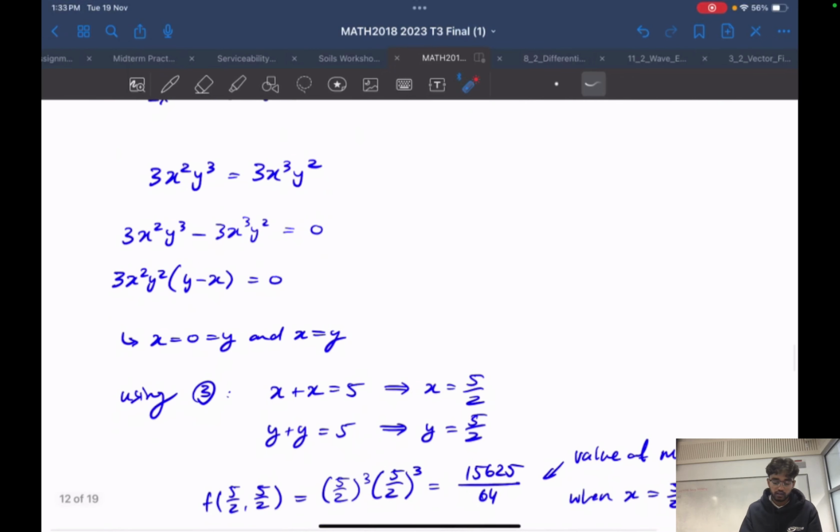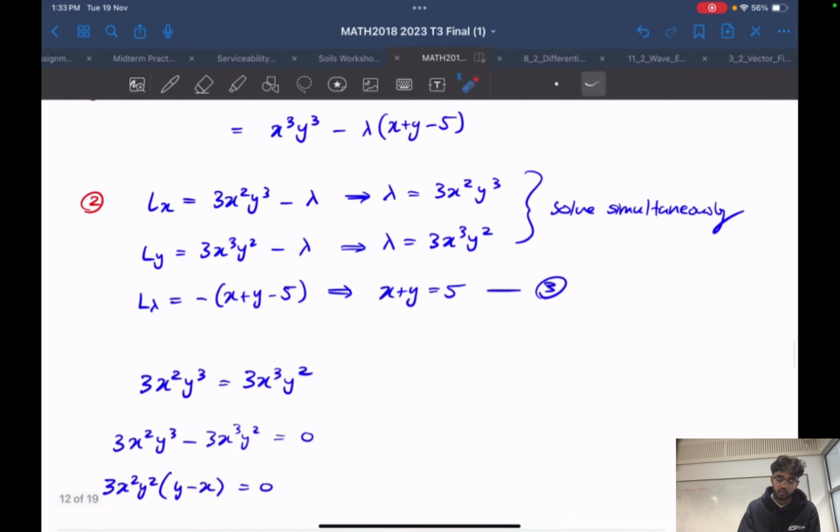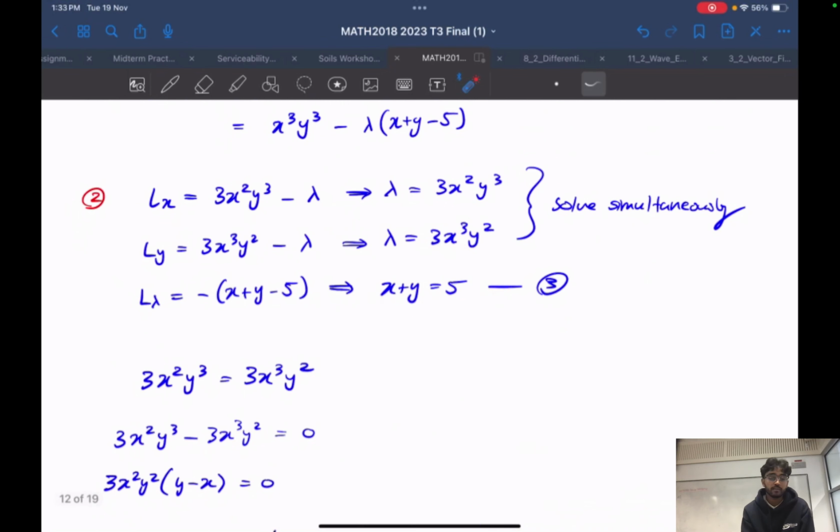So you've already found something for x equals y, right? What some questions do is that you find x in terms of lambda, or y in terms of lambda, and you sub x and y in terms of lambda into this constraint equation, and you find values for lambda, and then you just go back and do back substitution to find x and y values. However, in this case, we've just straight up found x and y straight away.